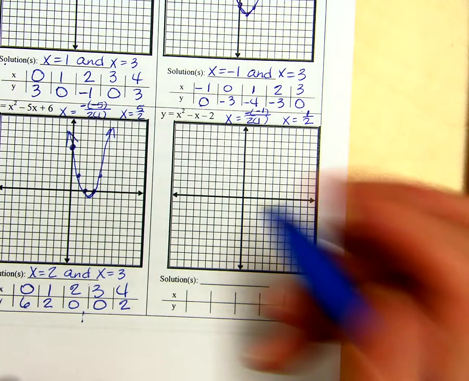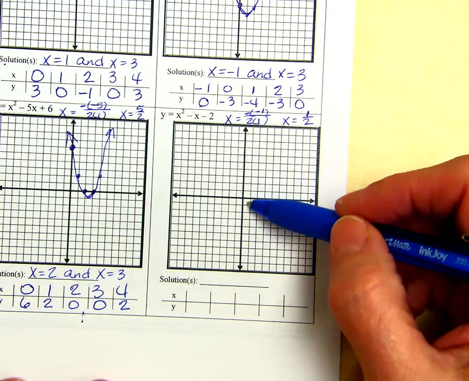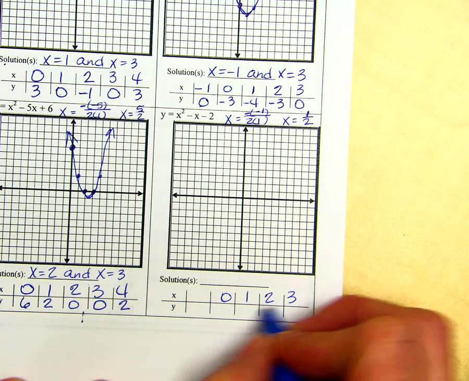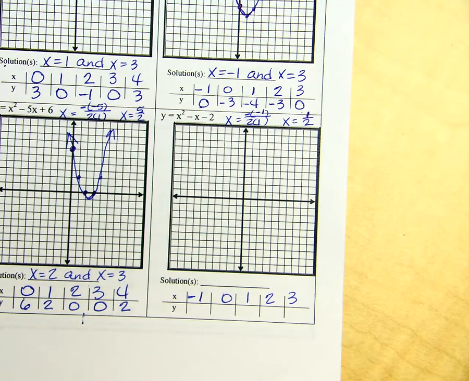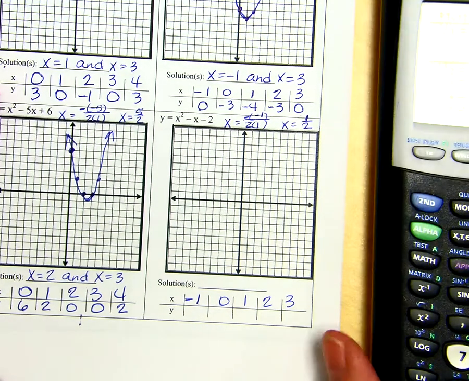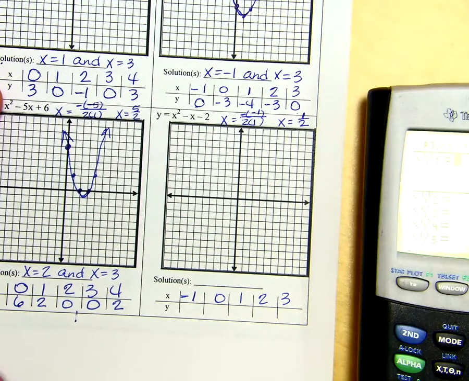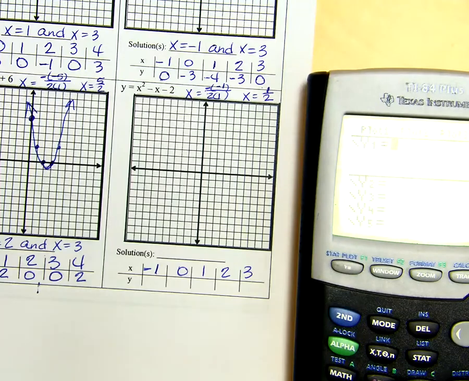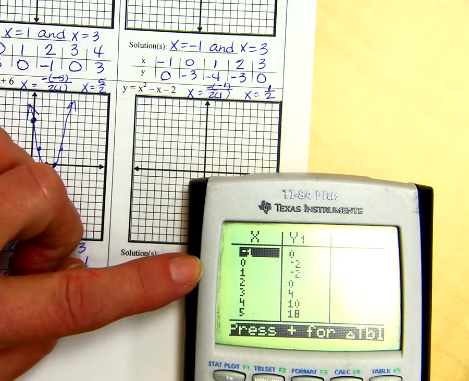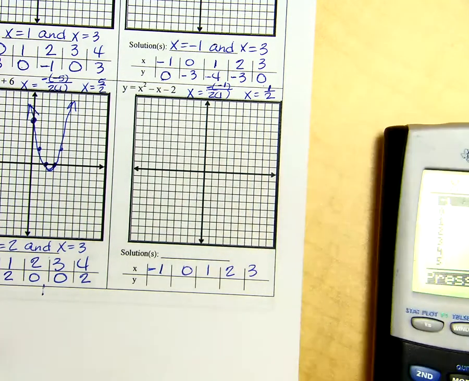Again, we're not going to see 1/2 here, but we are going to have a 0, a 1, and we'll just do 2, 3, and go ahead on the other side of 0 and do negative 1. So when we place this into y equals, we are going to get x squared minus x minus 2, and look at its table, and we're going to start here where x is negative 1, and just copy that information down.